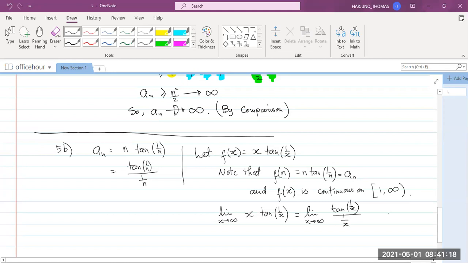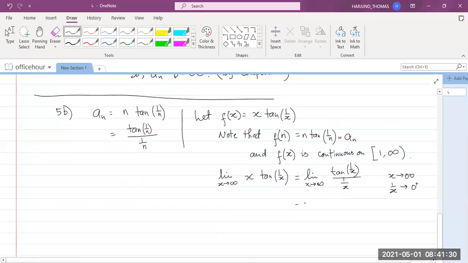Okay, so if x goes to infinity, then 1 over x goes to 0 positive. To be more precise, 0 positive. So let me make it like this. This is the limit as 1 over x goes to 0 positive. How about that? Now replace that 1 over x by a dummy variable, let's say t.